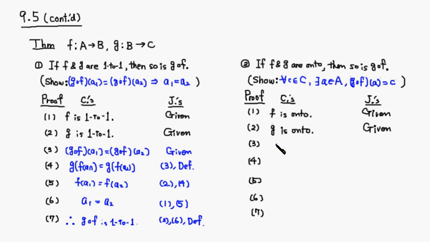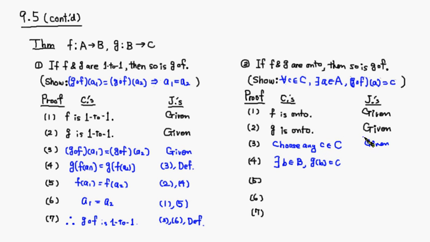Line 3: it has to be true for any c, so I'm going to choose an arbitrary element c in the set C. Since g by itself is onto, there must exist an element b in set B such that g of b is equal to this element c.